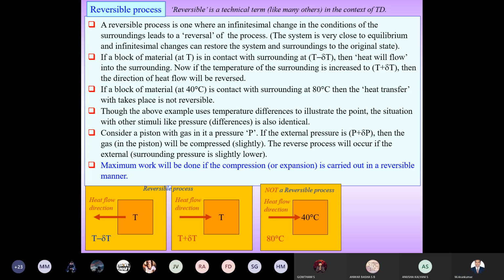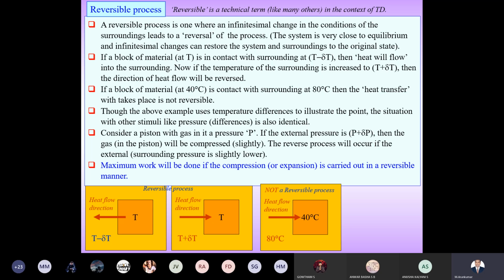How does it happen? The system is very close to equilibrium, and infinitesimal changes can restore the system and surroundings to the original state. Okay, so by crossing infinite equilibrium stages. Equilibrium in the sense there is no change in chemical equilibrium, mechanical equilibrium, and thermal equilibrium.